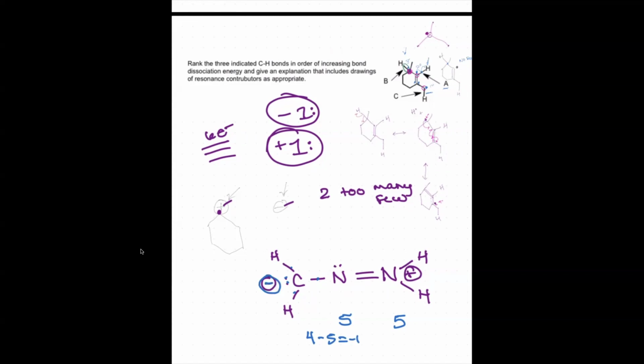This one wants 5, has 5, 0, neutral. This one wants 5, has 4, +1. So we have the positive formal charge. Does that make sense? Okay.